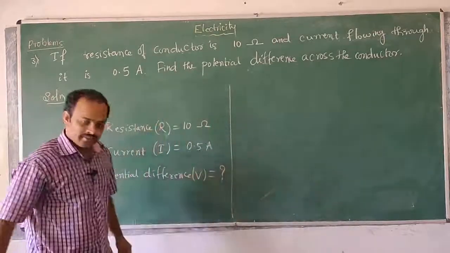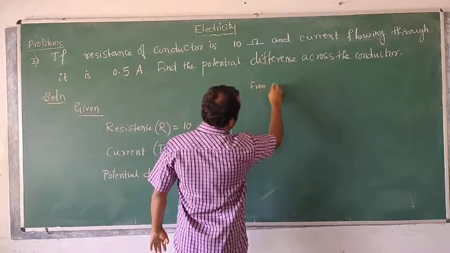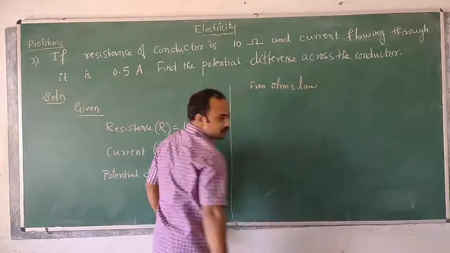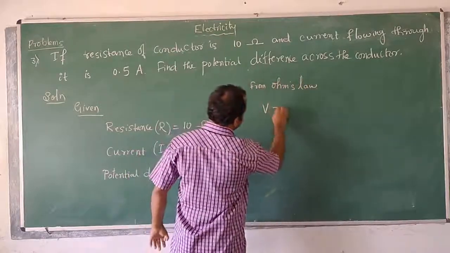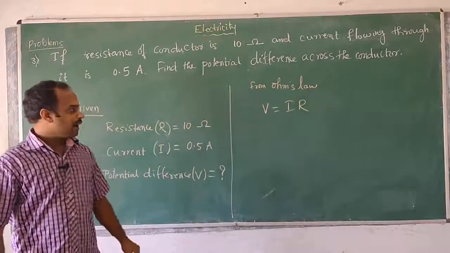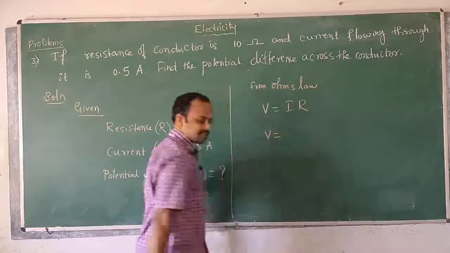From Ohm's law we have V equal to IR. We have to find V, so write V as it is.